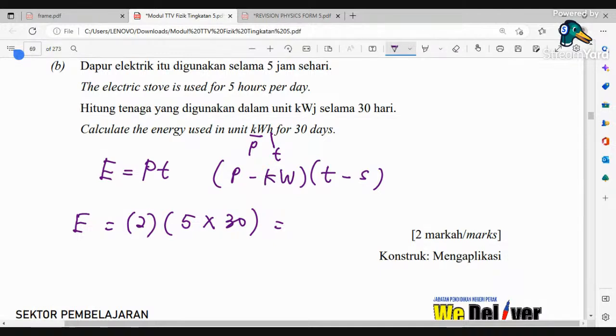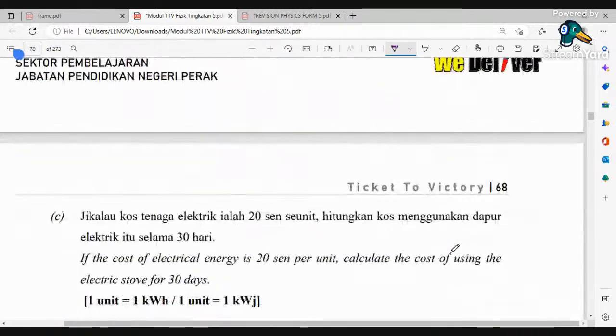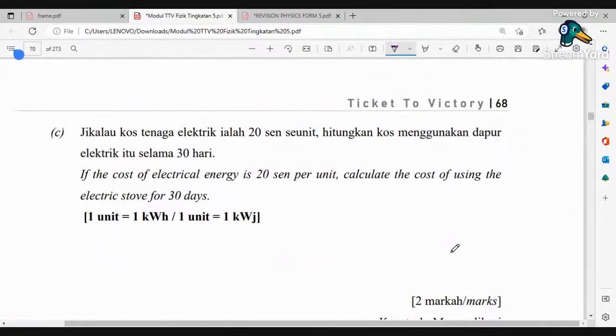So we will get 2 times 5 times 30, which means 300 kilowatt hour, or unit. This is the unit for electrical energy, kilowatt hour. Okay, C, if cost is 20 cent per unit, calculate the cost of using the electric stove for 30 days.